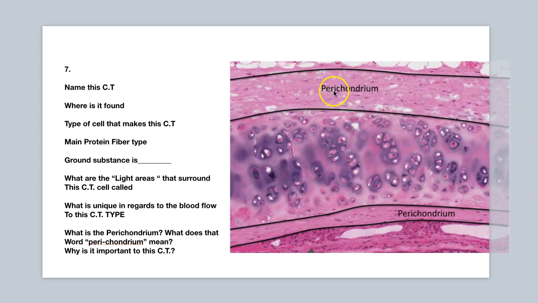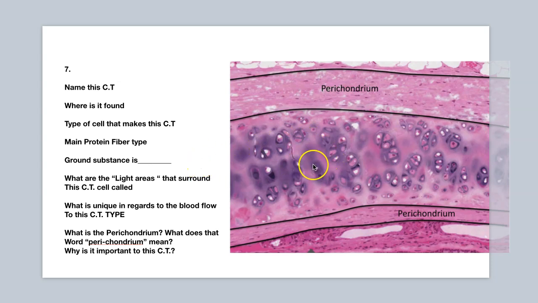Actually, what does peri mean? What does chondri tell us? And why is this perichondrium so important to this connective tissue right here? So that is number 7.